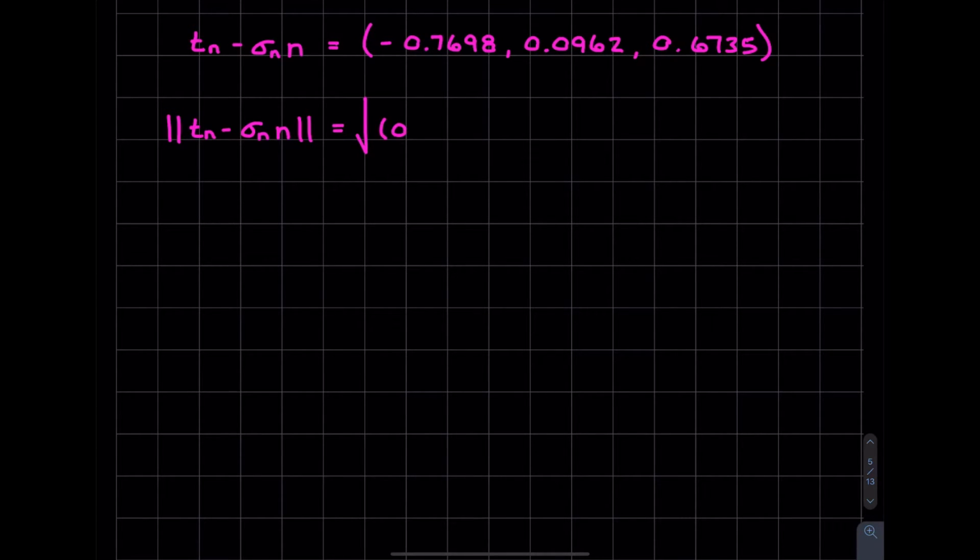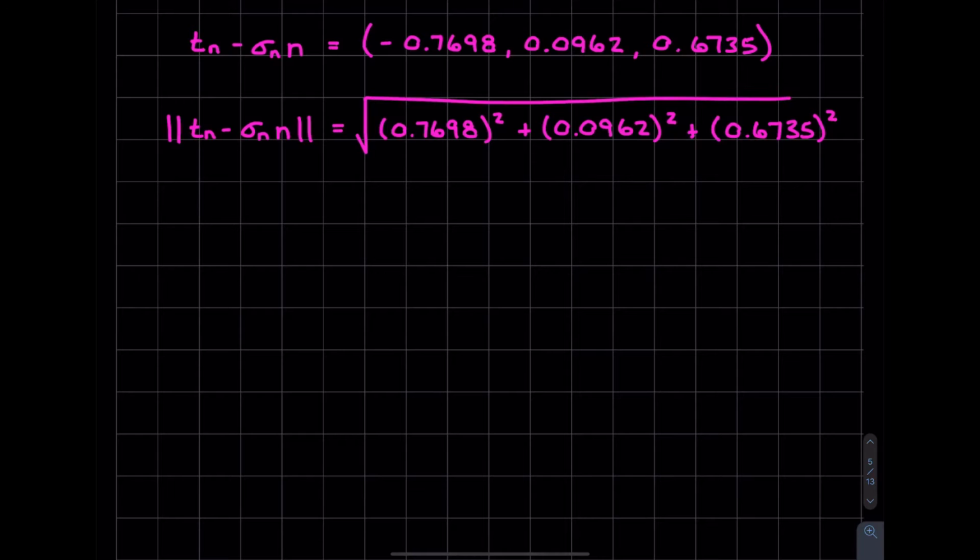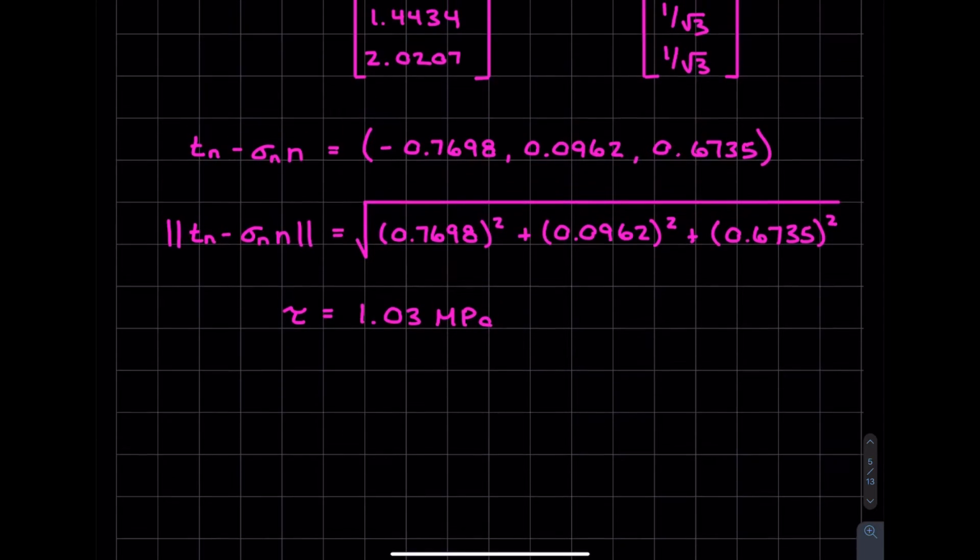So I'm going to have 0.7698, the first component, squared, plus the second component, 0.0962 squared, and then finally the last component, 0.6735 squared. I'm going to finish off the top of my square root sign just like that. And again, if we look at this equation, we can see that tau, or shear stress, is just a single number, which I get to be 1.03 MPa.